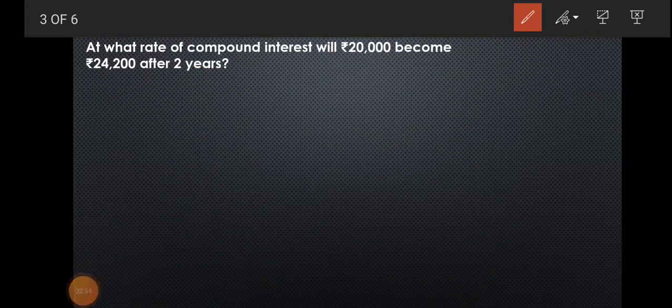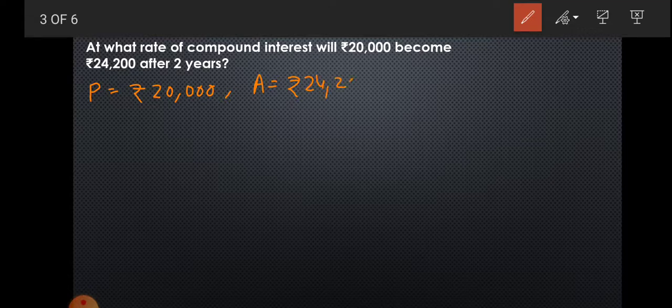Next question. At what rate of compound interest will rupees 20,000 become rupees 24,200 after 2 years? Here principal is rupees 20,000. Amount is rupees 24,200.